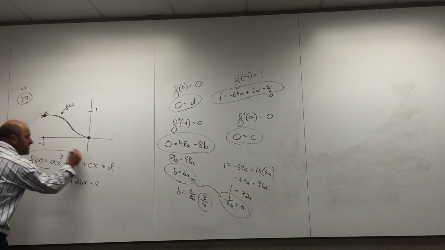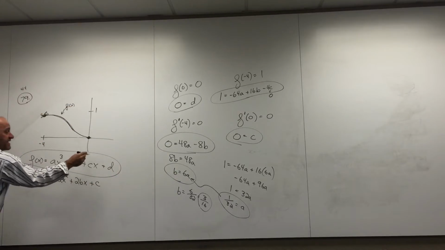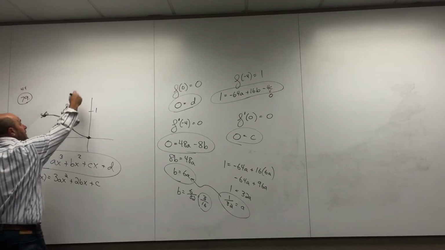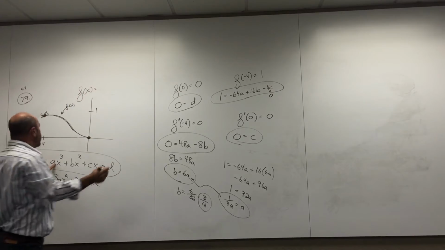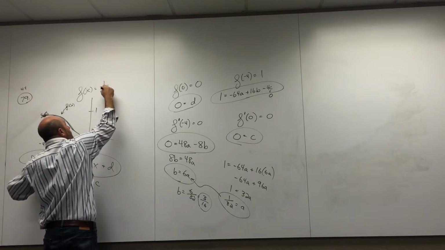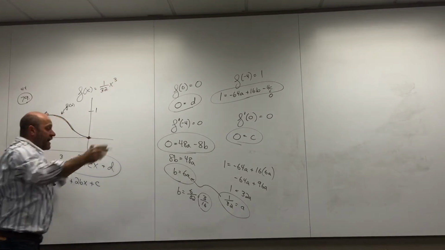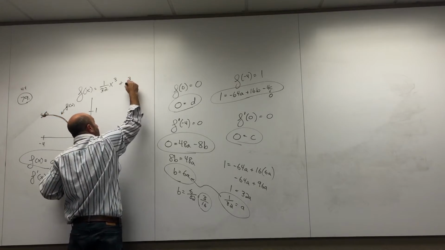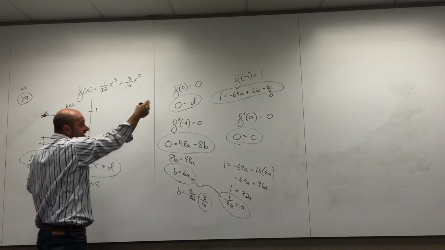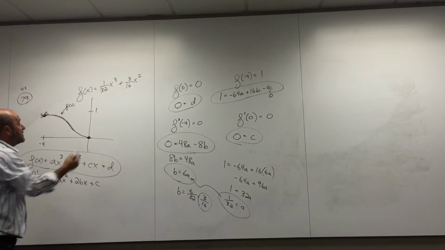Here it is. It's this cubic function with the a, b, c, and d filled in. 1/32 x cubed and 3/16 x squared. And if you remember, the c and the d were both 0, so this is it.